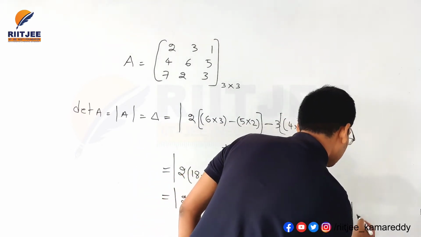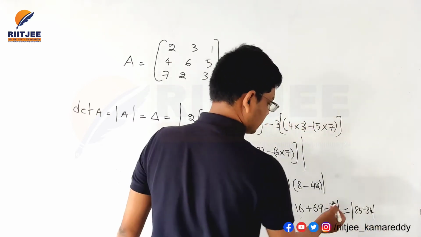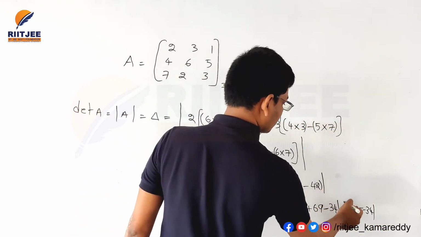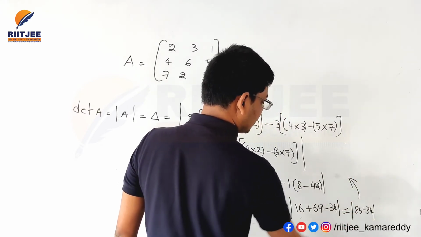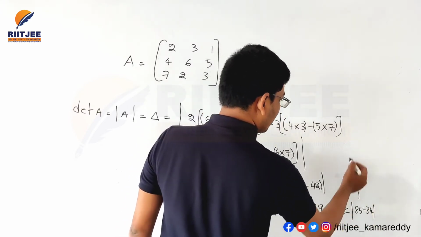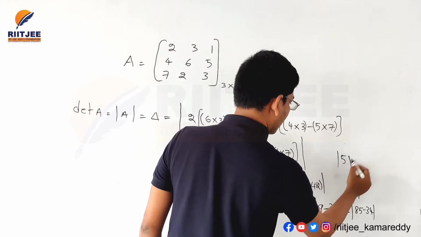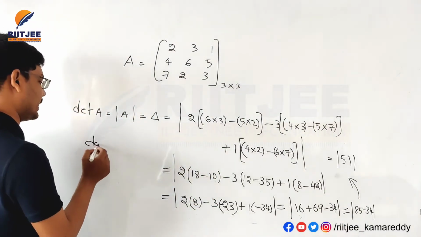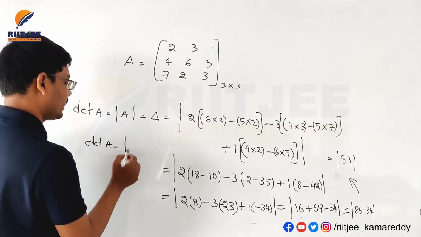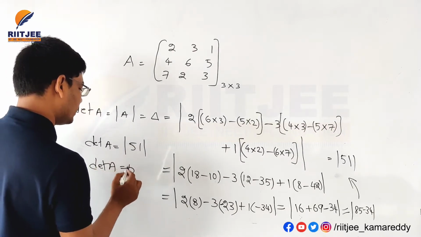So modulus of 85 minus 34 is modulus of 51. Finally, delta, det A, is equal to 51.